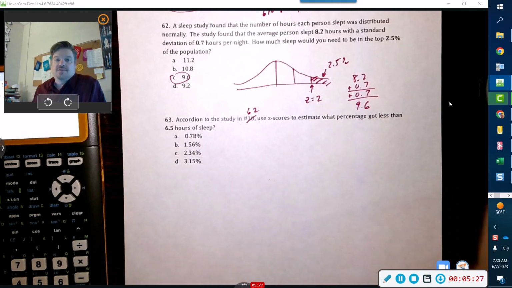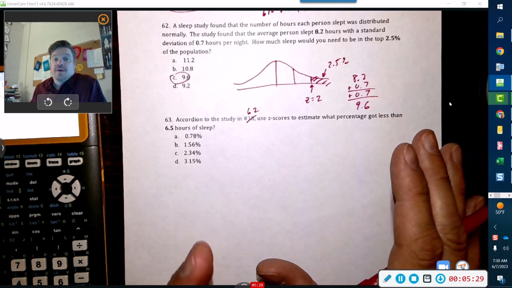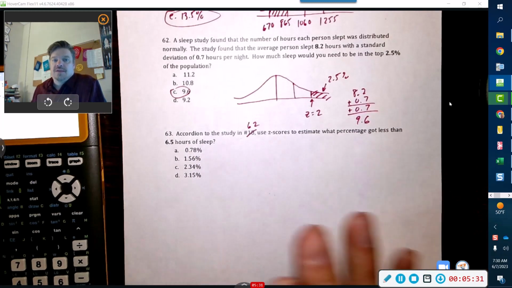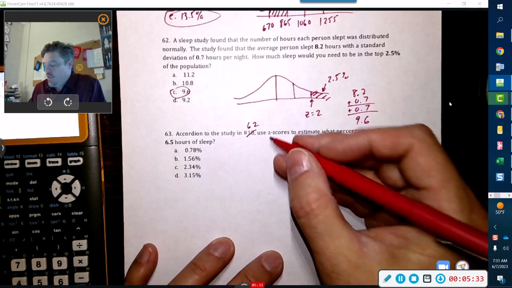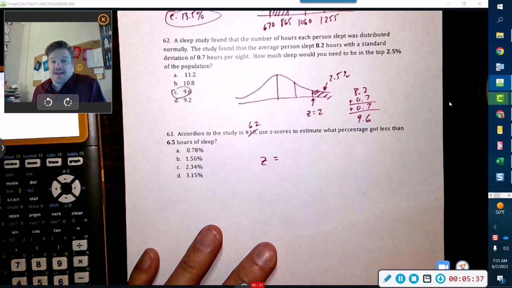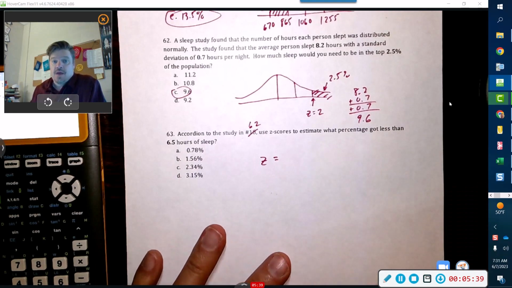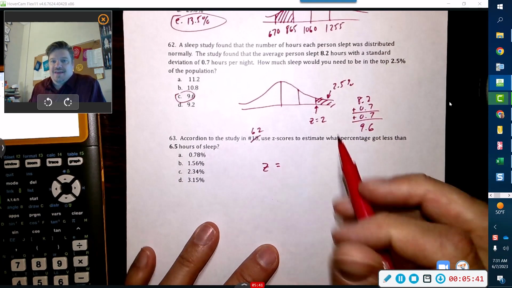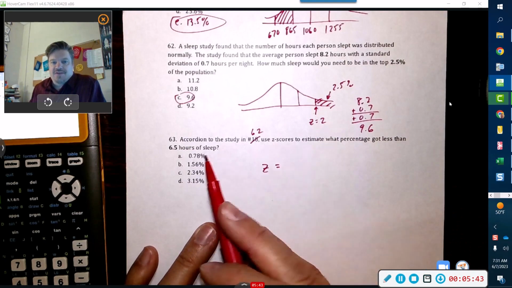Now we're really zooming in. I need to know exactly how many standard deviations away that is. 6.5 is not, I believe, going to fit very cleanly.